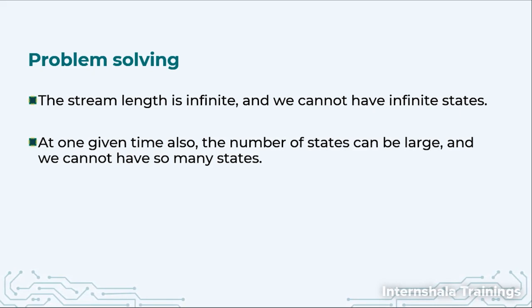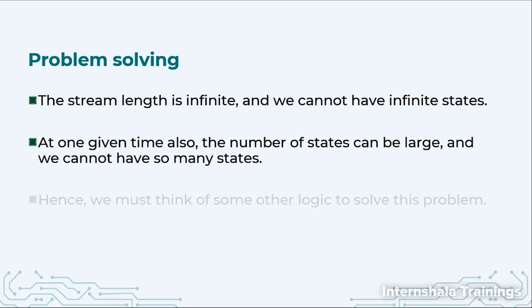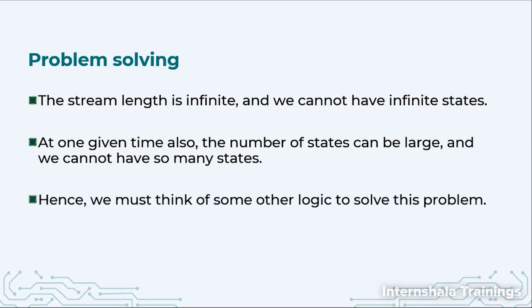As I said, number of A's can be thousands or even millions. And it will be practically very difficult to have millions of states in our finite state machine. So we should think of something that can help us in solving this problem with minimal number of states.